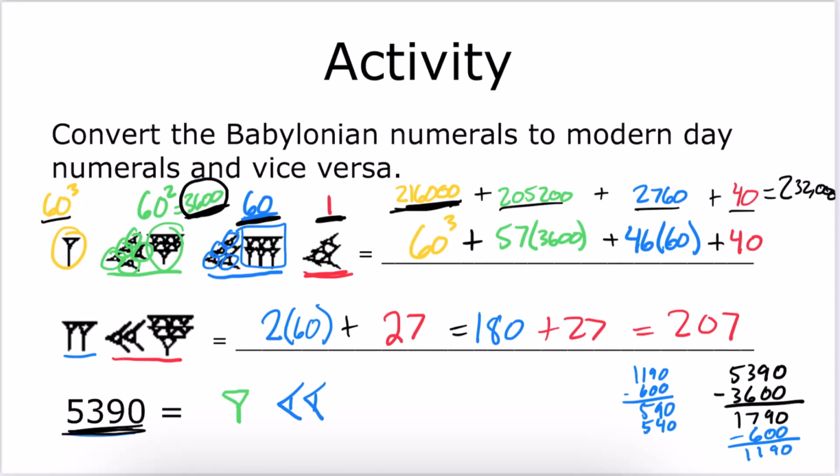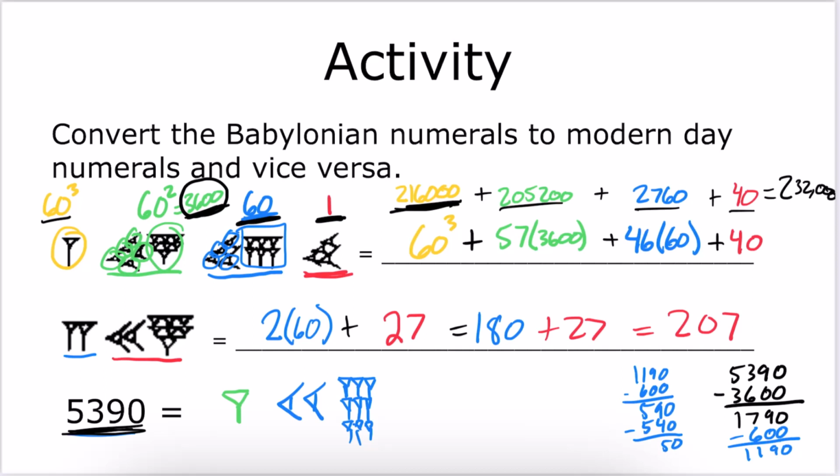And so if I draw 9 of my little ones, this might take a little minute. But here's my 9 60s. Oops. Okay, so there's my 540. Then I have 50 left.